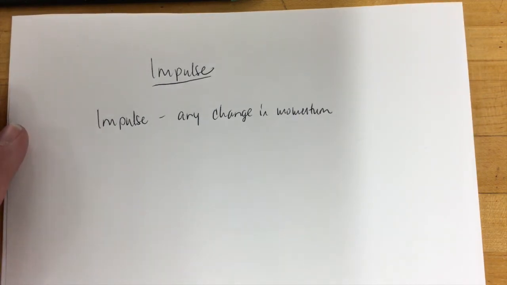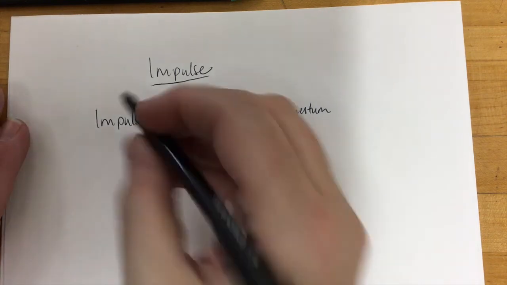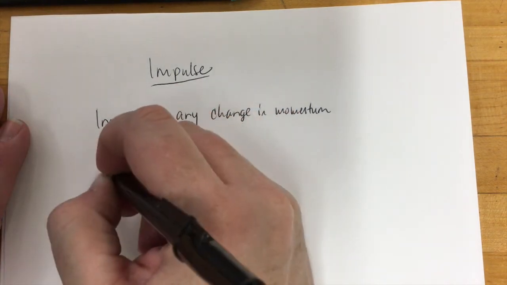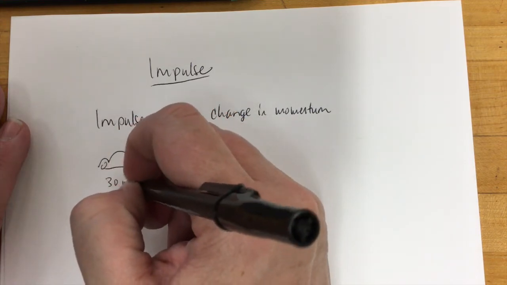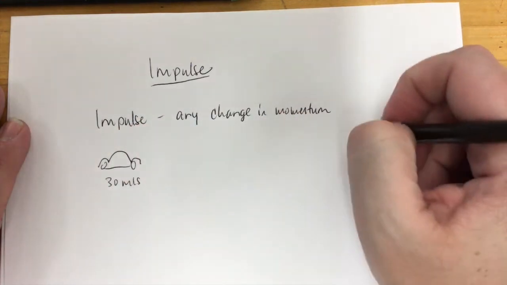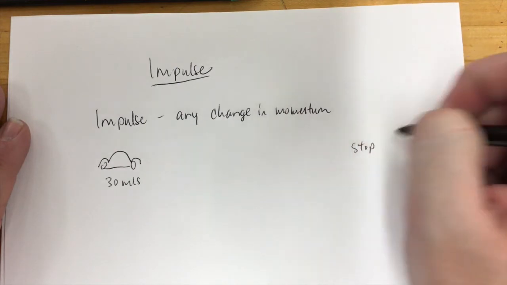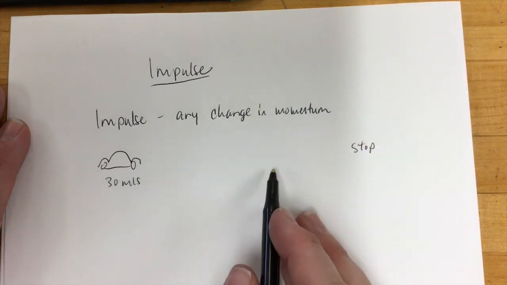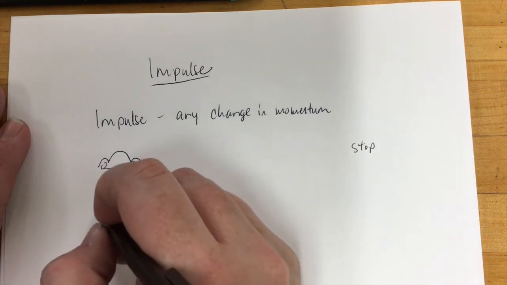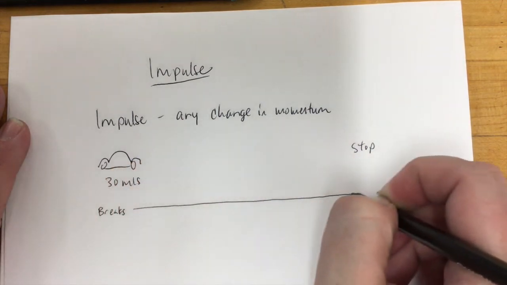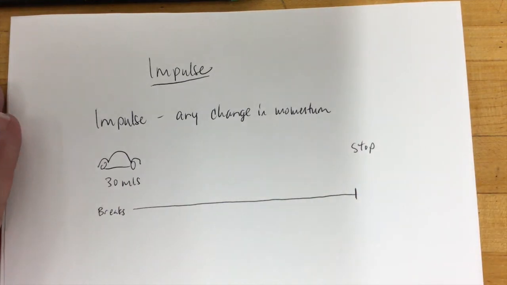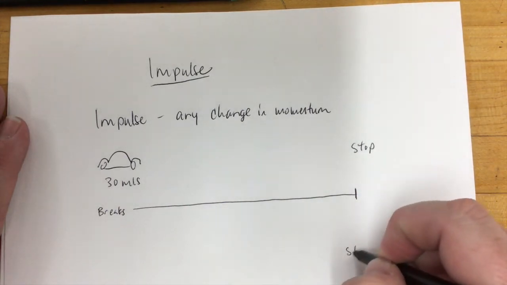You can see an example like this if you're driving a car. If you have your car here and you're driving at 30 meters per second, and you're going to come to a stop here. Well, you can be driving and put on the brakes slowly. And you brake this whole amount of time till you come to a nice stop.